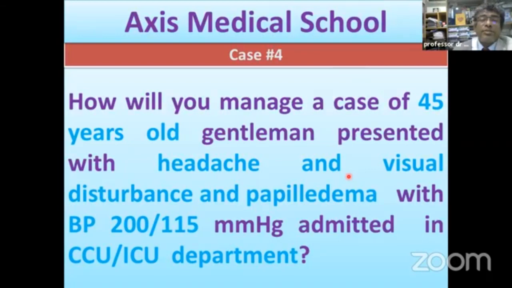This patient should be admitted to the CCU or ICU, and the blood pressure should be lowered as early as possible, because if we fail to lower the blood pressure in the appropriate amount, he or she may have other target organ damage.